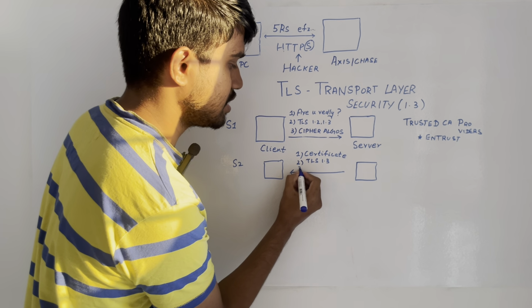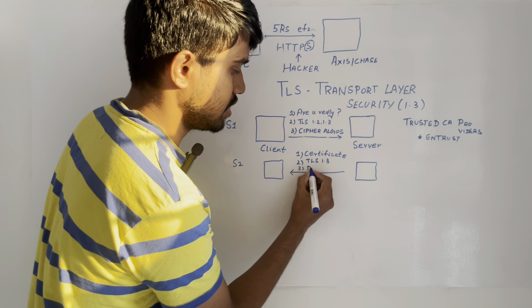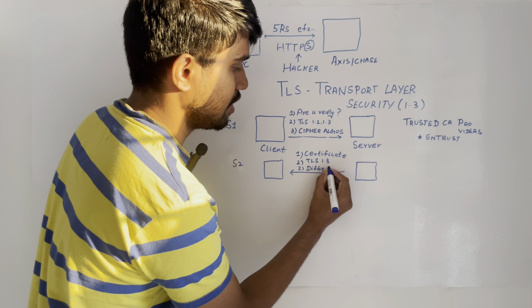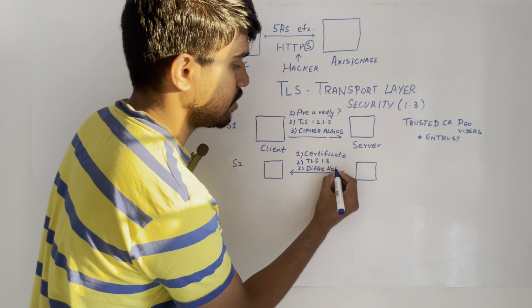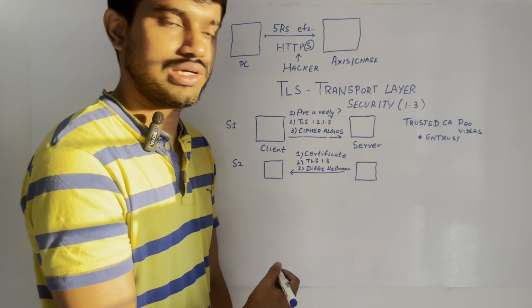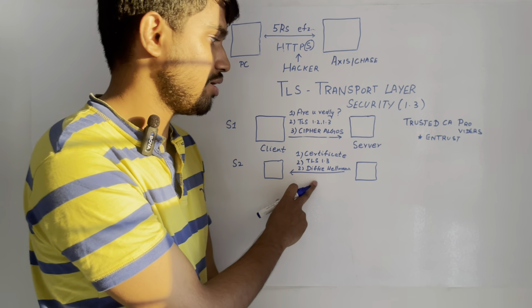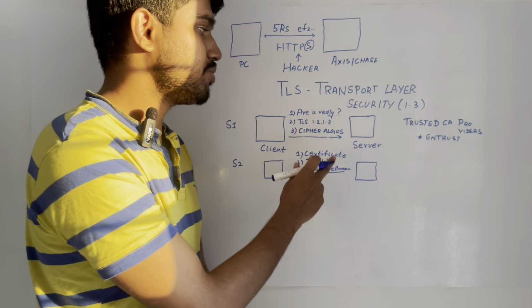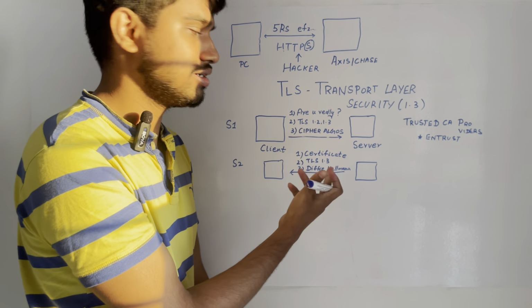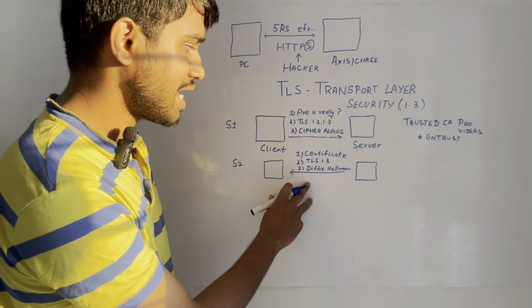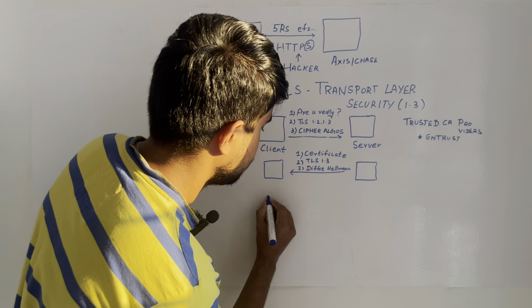And the third one is, I can support the Diffie-Hellman algorithm. Okay, I'll explain the Diffie-Hellman algorithm very shortly as well, because that is what is recommended in TLS 1.3 and it is super secure.